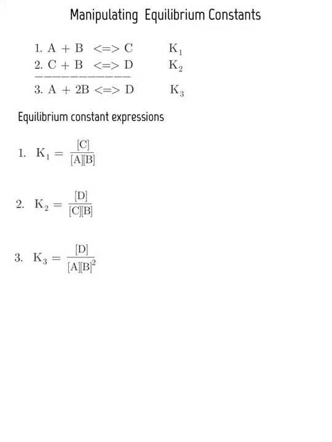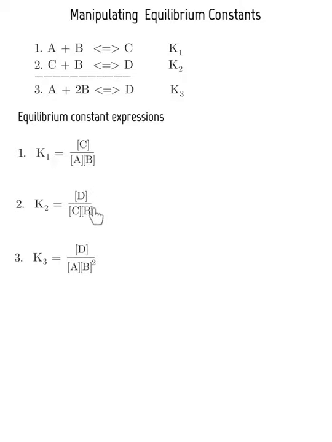Notice we generate these 3 equilibrium constant expressions. Now, this is something that you are probably getting more efficient at doing. Notice it's always your products divided by your reactants, and you're multiplying your reactants. In these cases, you have 2 different reactants, so we have to multiply 2 reactants.